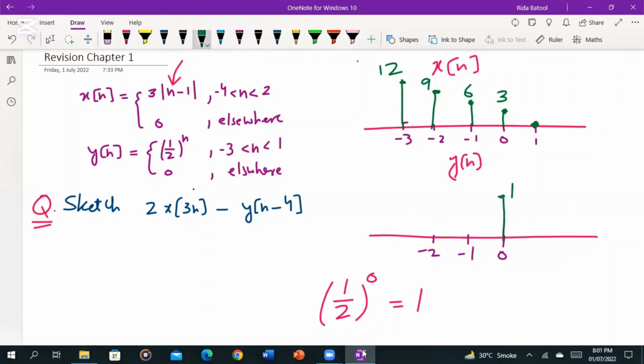If you put -1 over here, you will get 2, because then the 2 will come over and the 1 will go down.